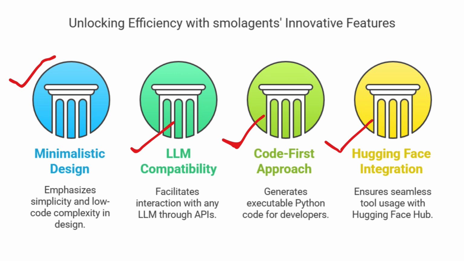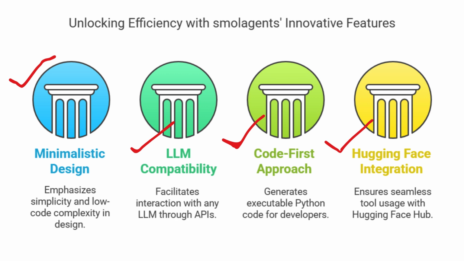For example, if you want your agent to perform image generation, you don't have to build a tool from scratch. Instead, you can simply connect it to a Hugging Face tool that already does the job. This makes it easy to extend the capabilities of your AI agent without reinventing the wheel. This integration also means that Smolagents can evolve quickly, benefiting from the latest advancements in the AI community.